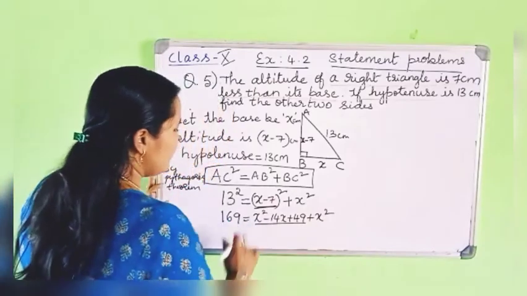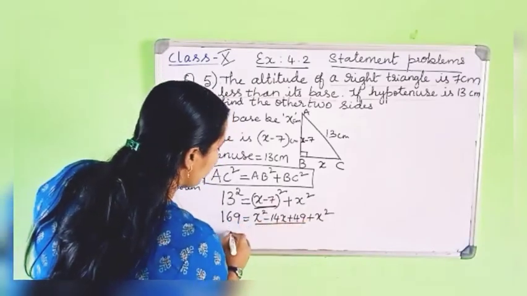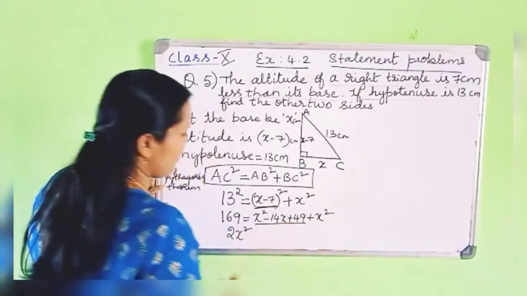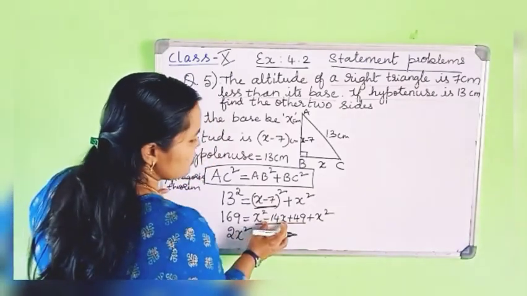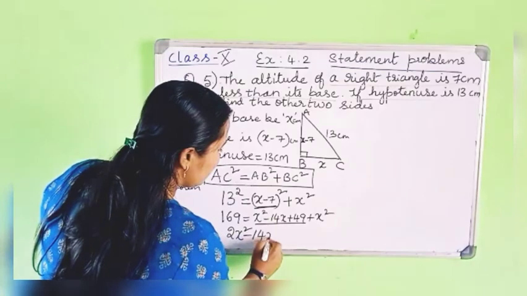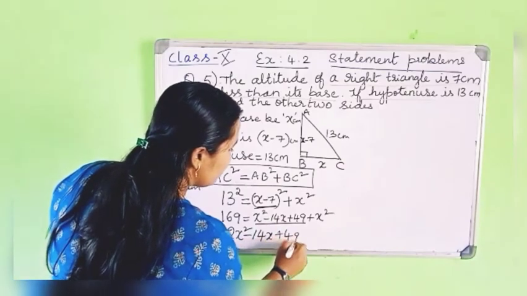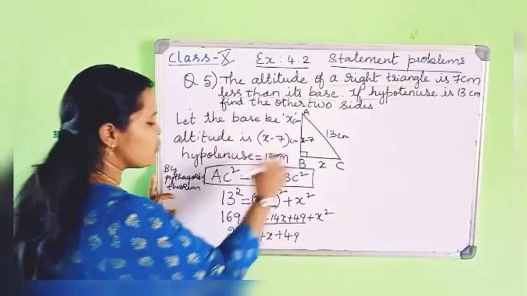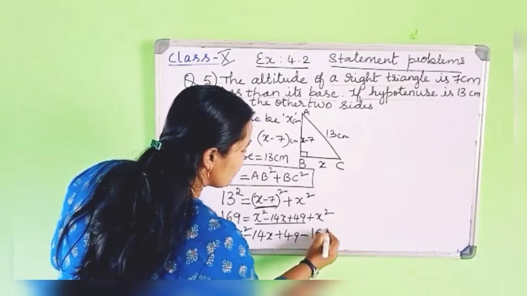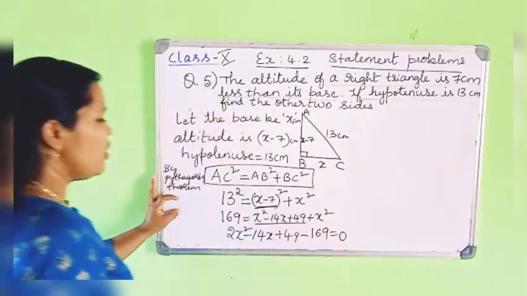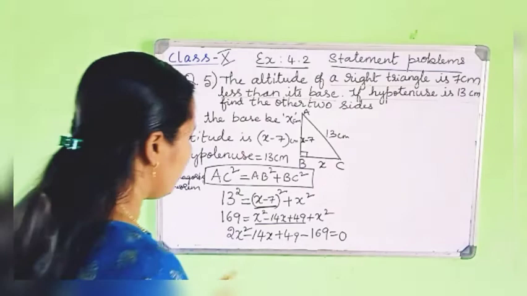Now let us rearrange the terms and add. 1x square plus 1x square is how much? 2x square. And we have the term minus 14x, and 49. Take this 169 to the right side: minus 169 is equal to 0. We are always near our quadratic equation.